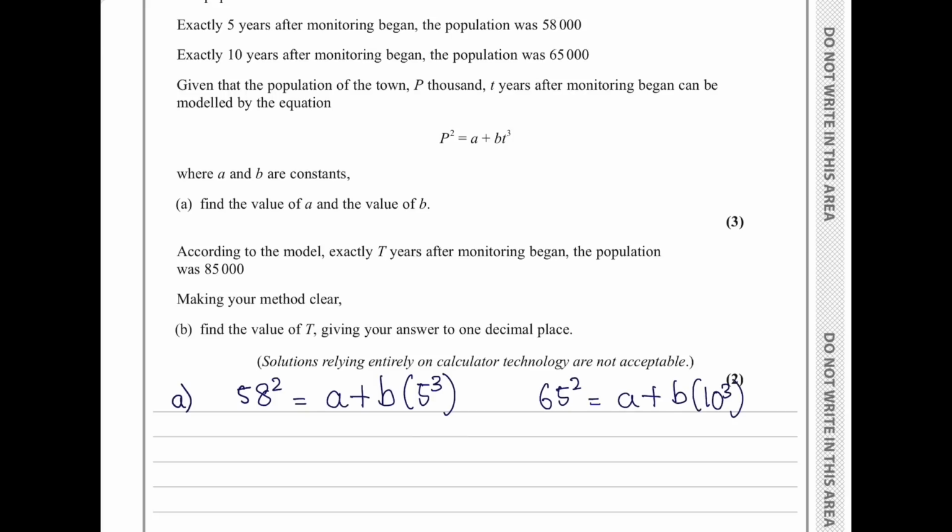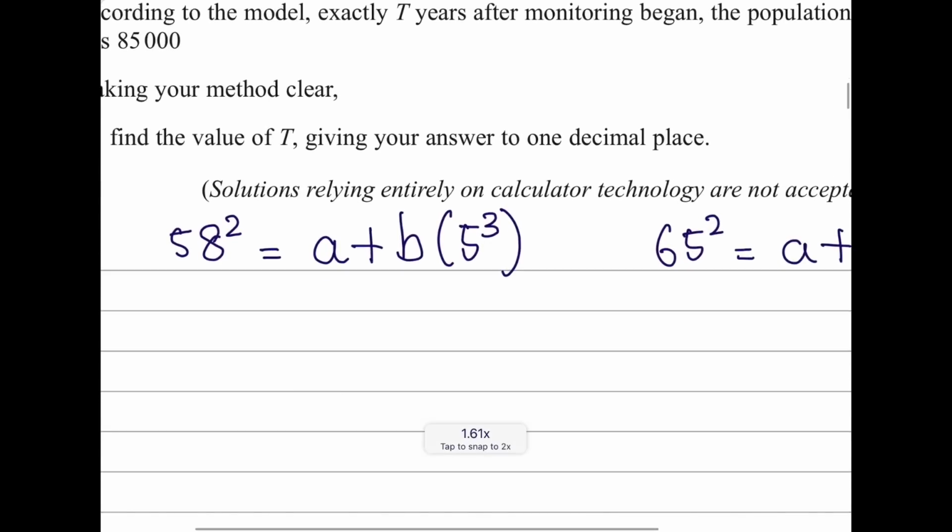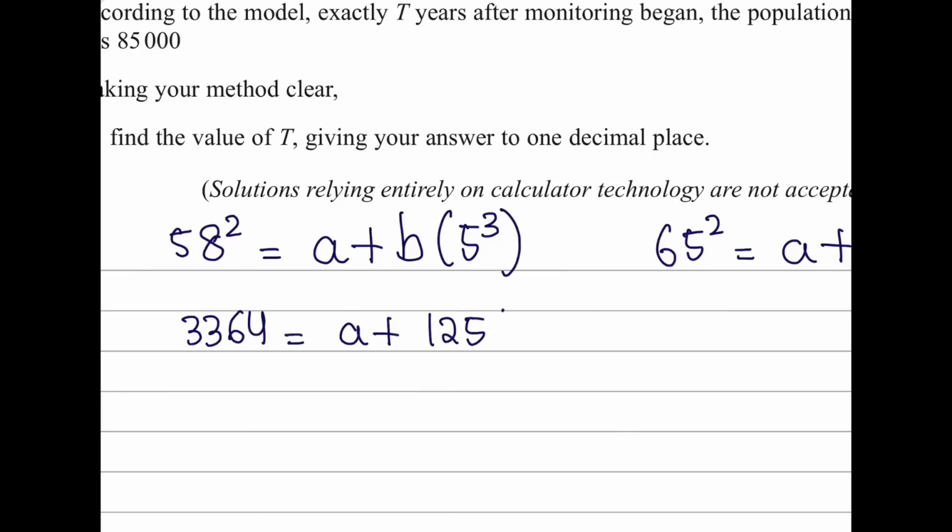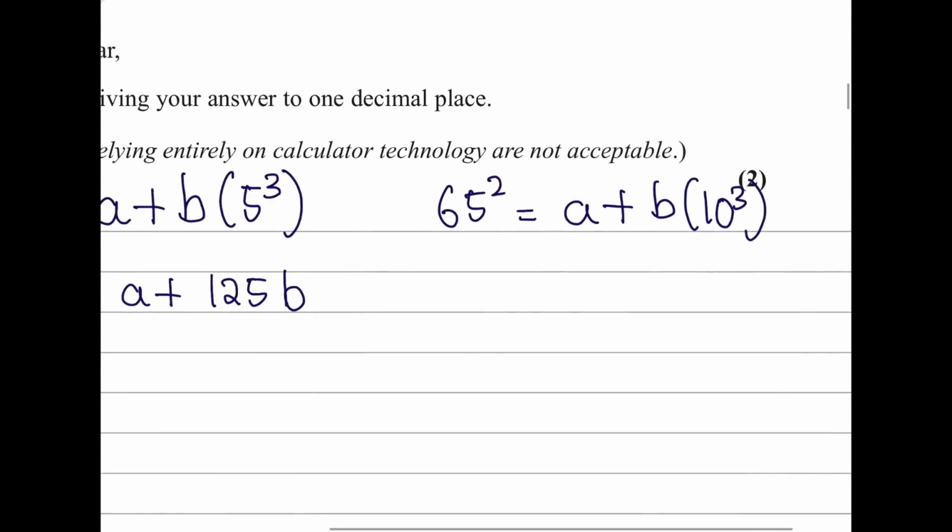All right. So when I do this, what is 58 squared? 58 squared is 3364, which is equivalent of a plus 125 into the value of b. On the other hand, I have 65 squared, which is 4225, equivalent of a plus 1000b.